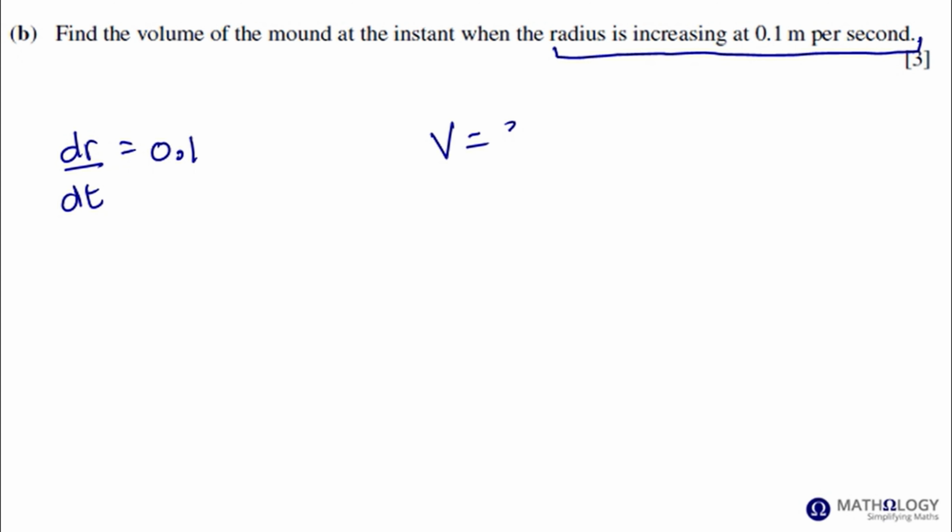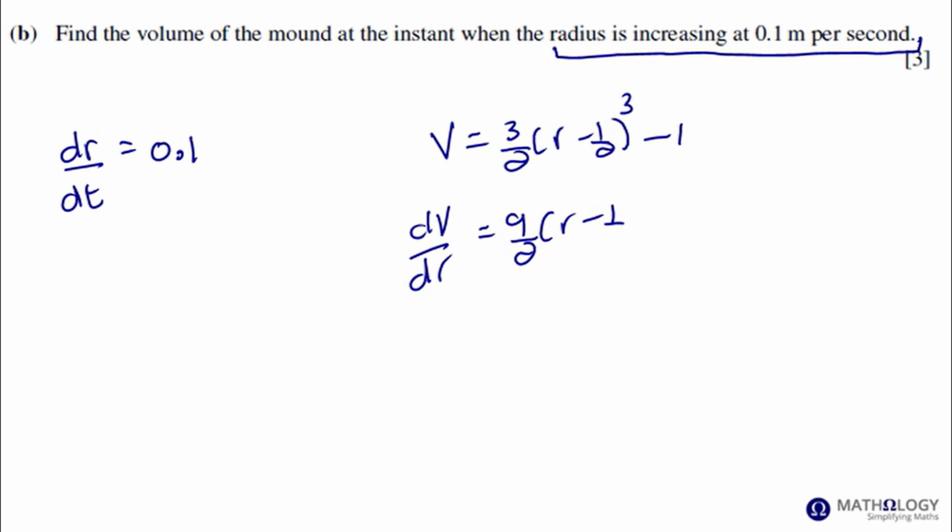So the volume is 3 over 2 times (r minus a half) cubed minus 1. We're given dr/dt, 0.1. We have the differential dV/dr. We now just need to find the volume when the radius is increasing at 0.1 meters per second.